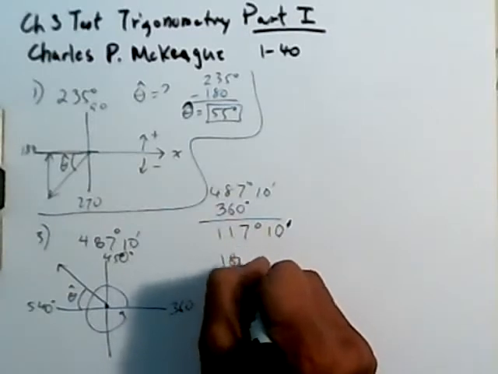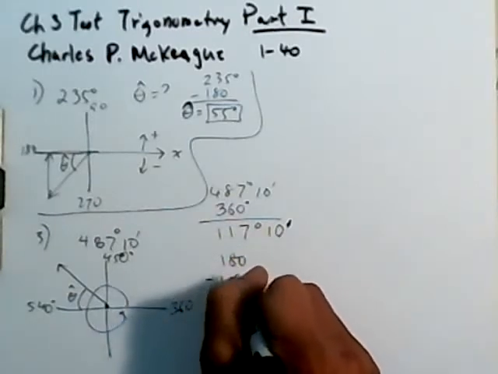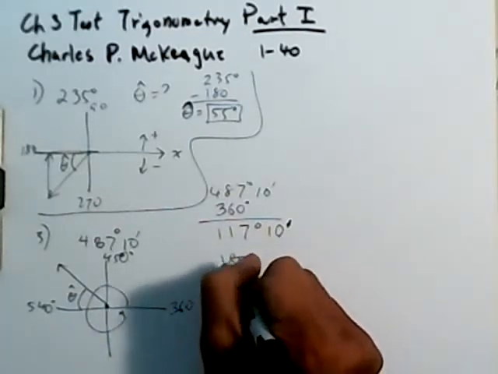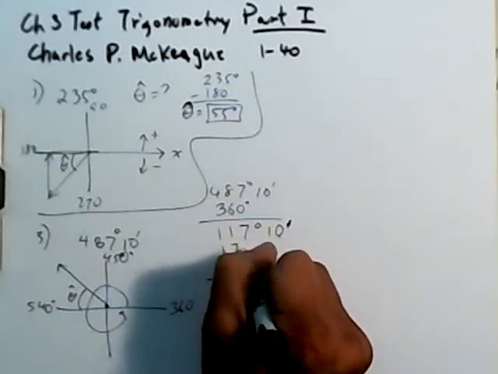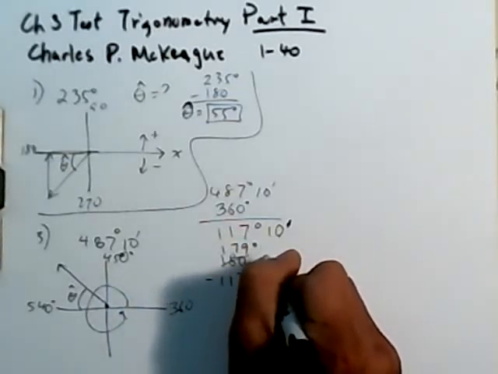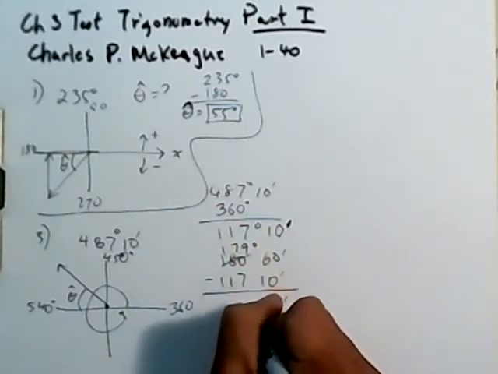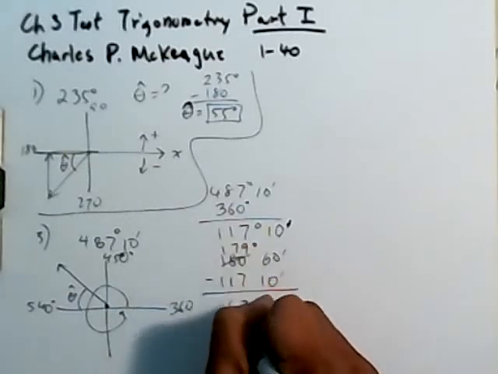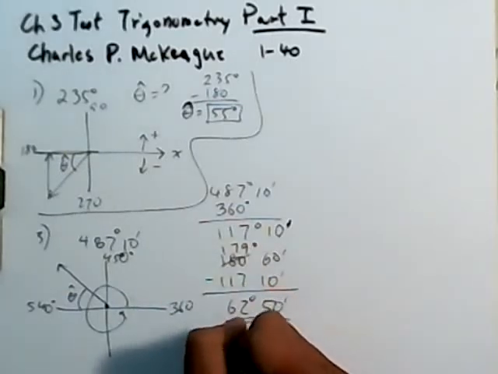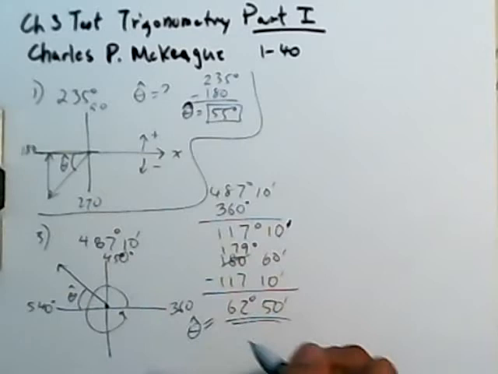So 180 degrees minus 127 degrees, 10 minutes. Of course, you have to borrow 179 degrees, and one degree is 60 minutes. Subtract it, you get 50 minutes, and 52 degrees and 50 minutes is your theta hat, or your reference angle. Okay.